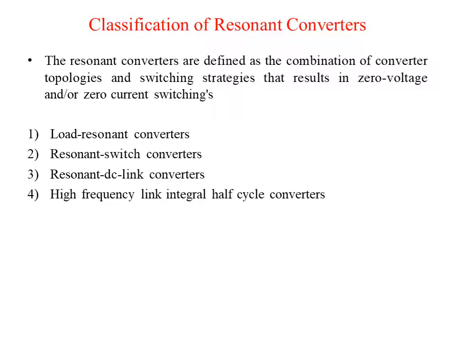The resonant converters are classified as first, load resonant converters, second, resonant switch converters, third, resonant DC link converters, and fourth, high frequency link integral half cycle converters. We'll be concentrating on these four converters in brief.